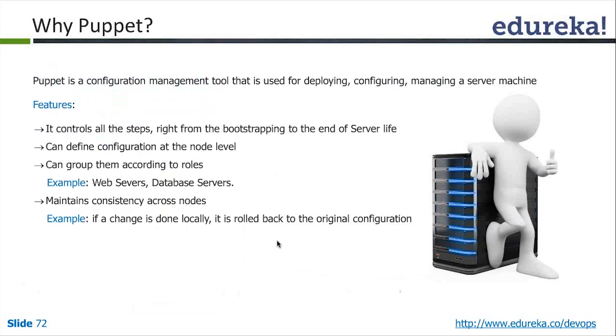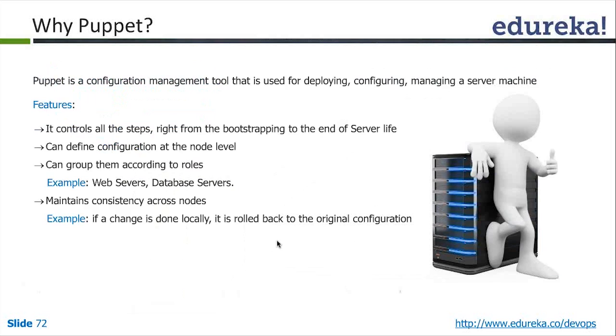As I said, you remember, Puppet is a server-agent based architecture. It controls all the steps right from bootstrapping to the end of server life. I just want to qualify this. It doesn't do OS installation, but the statement is there because it can also do the complete VM install, basically installing the OS itself.